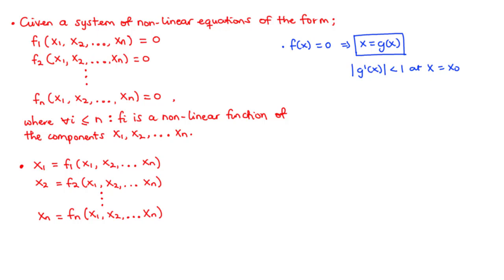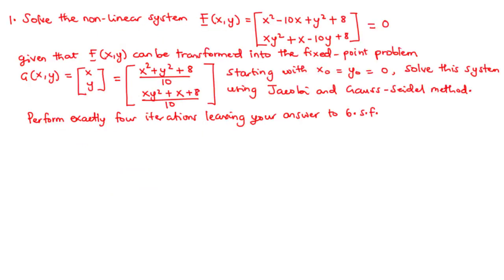So let's take our very first example. In our first example, we are going to solve the nonlinear system f of xy equals 0, given that f of xy can be transformed into the fixed point problem, that is g of xy equals xy equals x squared plus y squared plus 8 over 10, and then xy squared plus x plus 8 over 10.